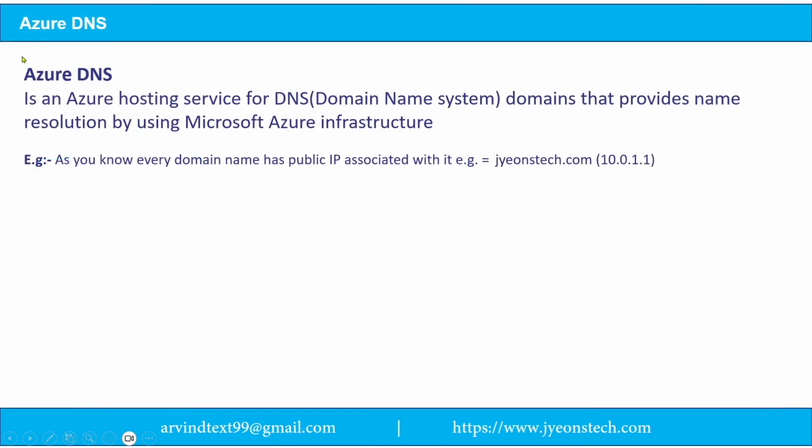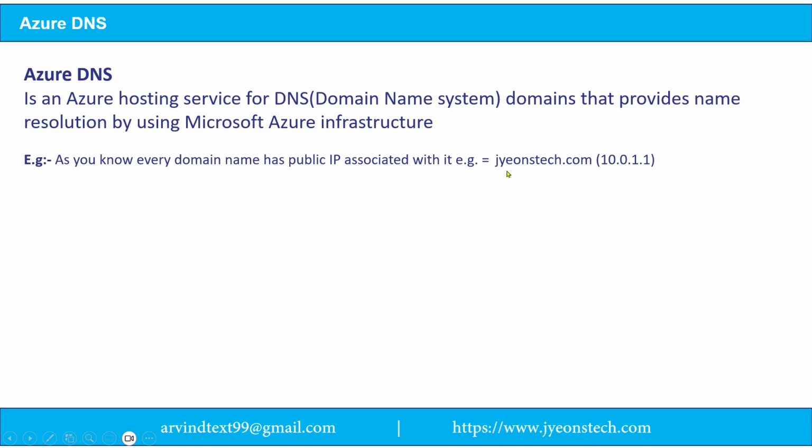Okay, so what is Azure DNS? Azure DNS is an Azure hosting service for DNS domains that provides name resolution by using Microsoft Azure infrastructure. As you know, every domain name has a public IP associated with it.